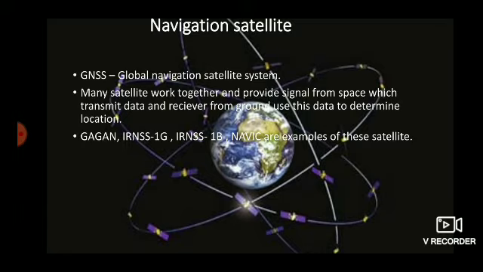For this, a network of satellites works, like the Indian navigation satellite system Gagan, where ISRO and the Airport Authority of India work together to get the proper locations of aeroplanes. Next, IRNSS 1G, IRNSS 1B, NAVIC are some examples of these satellites.